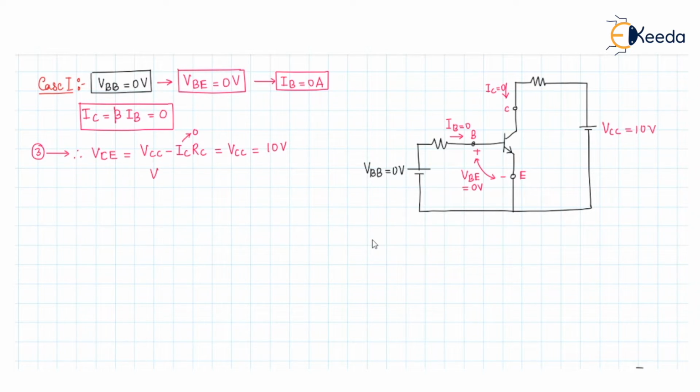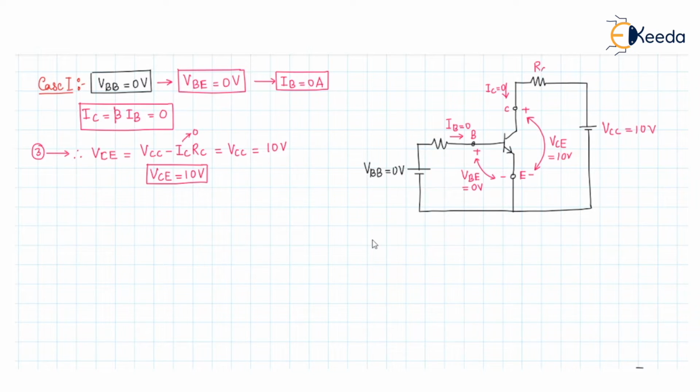So we can say that the collector to emitter voltage is now 10 volt when the VBB voltage is 0 volt.